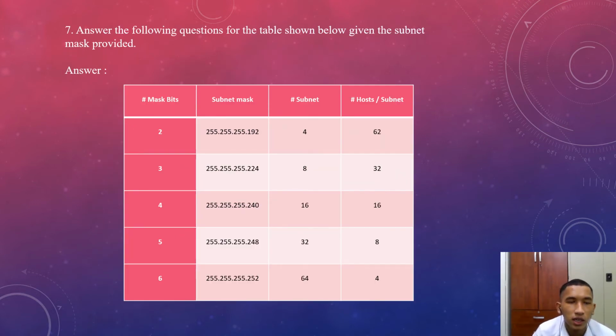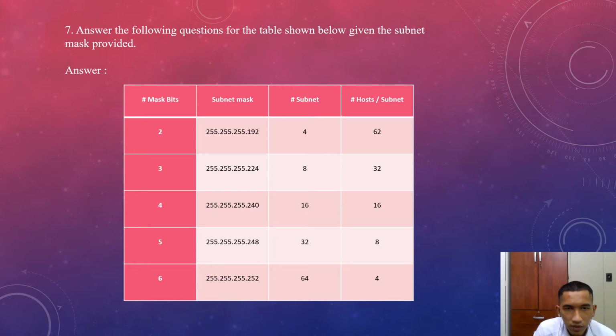Okay, for question number 7, answer the following questions for the table shown below, given the subnet mask provided. What I see is subnet mask 255.255.255.192, with 4 subnets and 62 hosts per subnet.